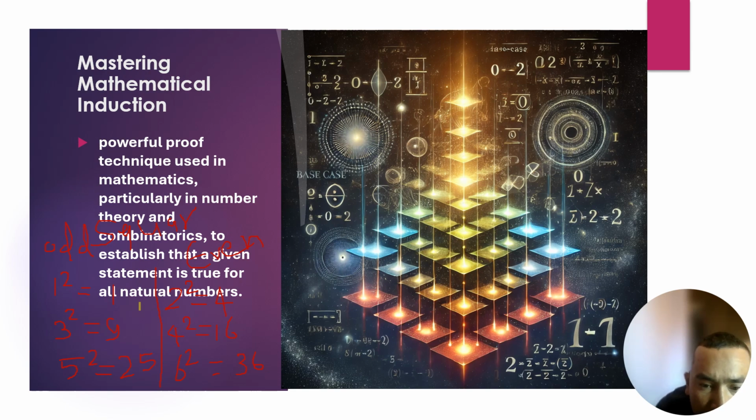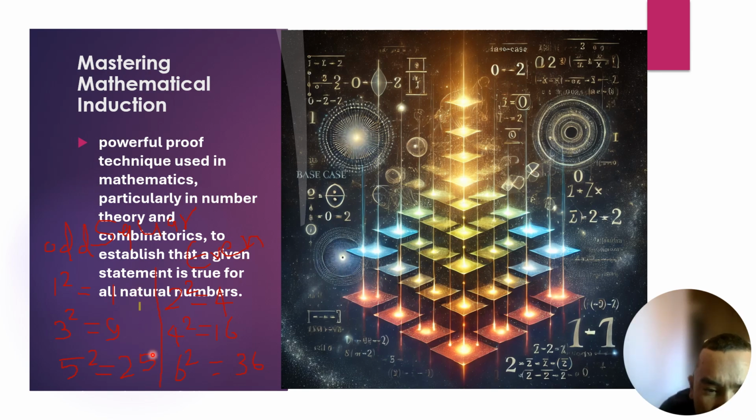Look here: 1 square is 1, 3 square is 9, and 5 square is 25. Likewise, the square of 7 is 49, and after 7 the next odd number is 9, and the square of 9 is 81.